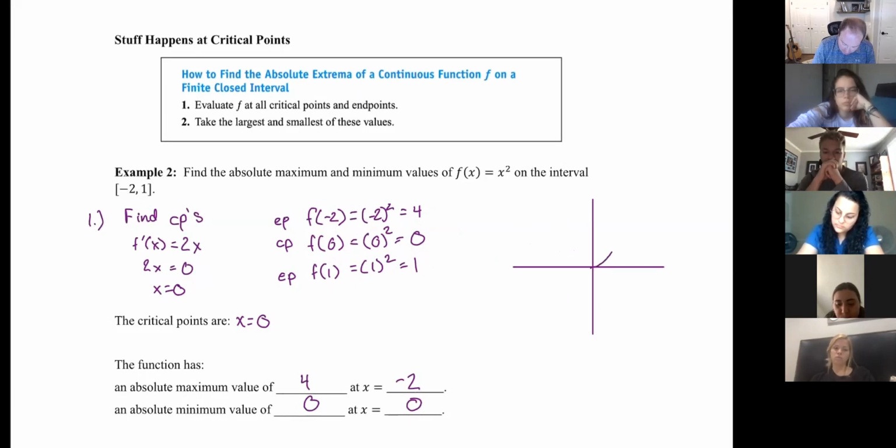So it'll look something like this, where you have closed, closed, and then you can still see we have the absolute minimum of 0 right there, and then we have the absolute max right there. So that would be up here at 4. This would be down here at 1. Not perfectly to scale, but that is how we use critical points to find extreme values.